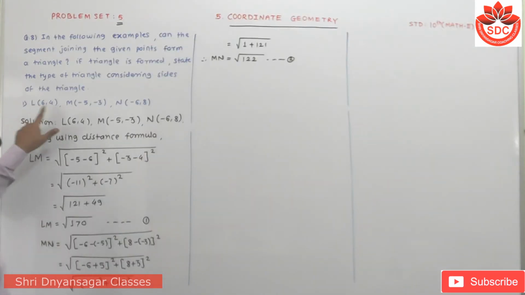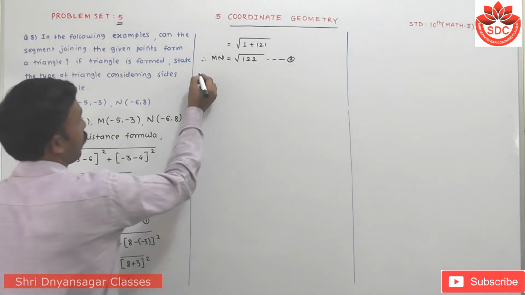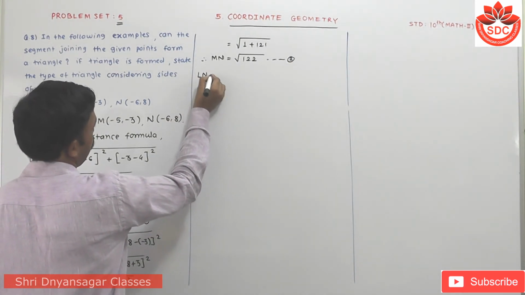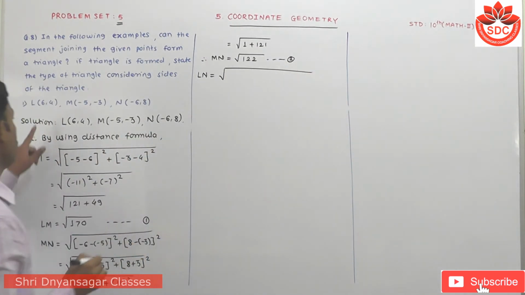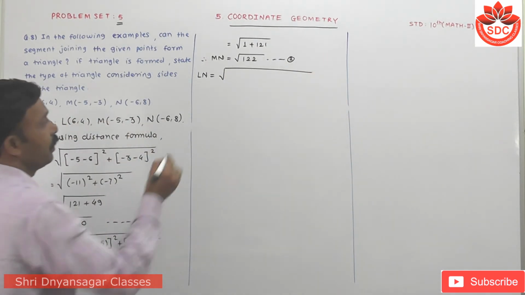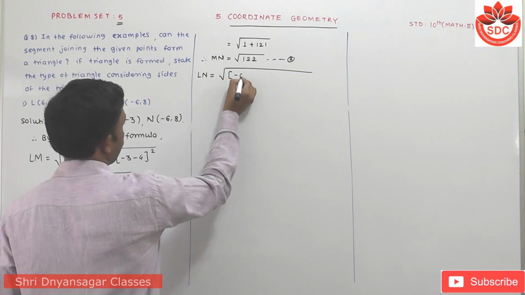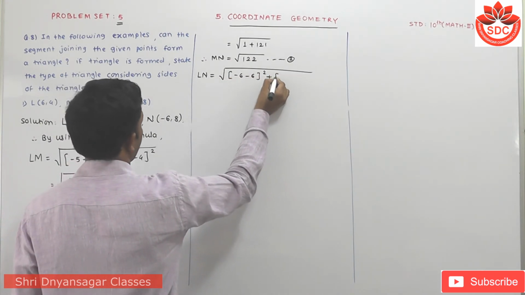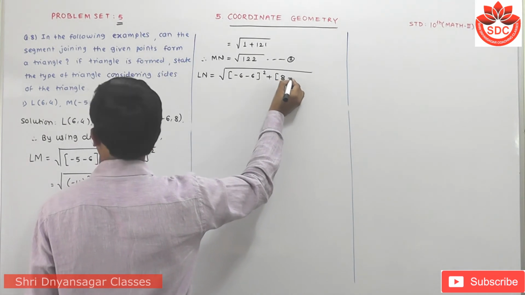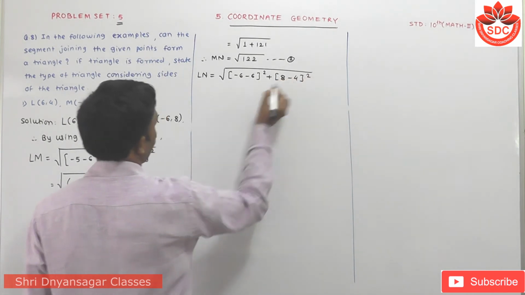Then we find the length of LN, again by taking the distance formula. Length of LN equals, here x1, y1, x2, y2. Then it becomes minus 6 squared plus 8 minus 4 squared.